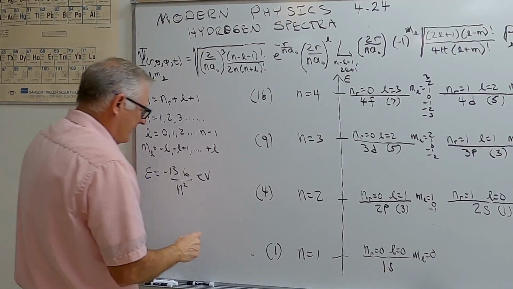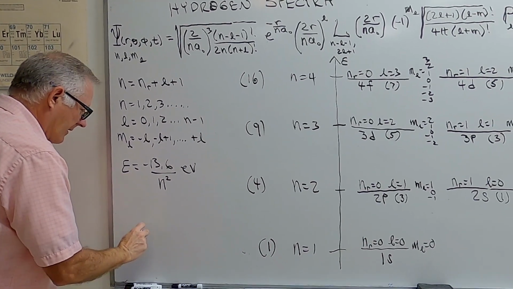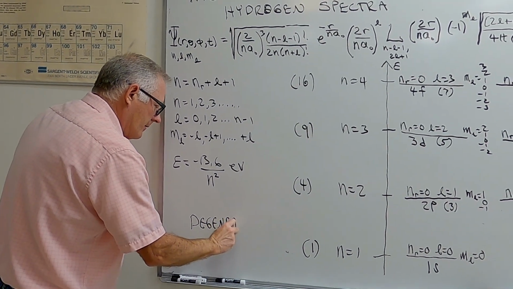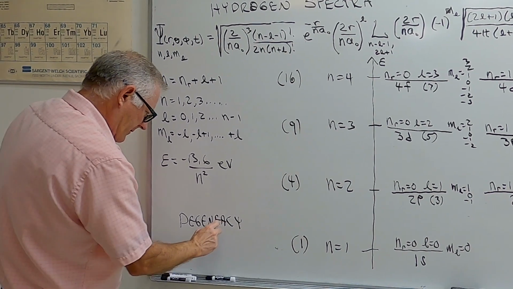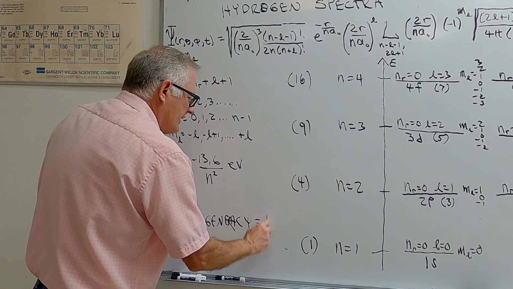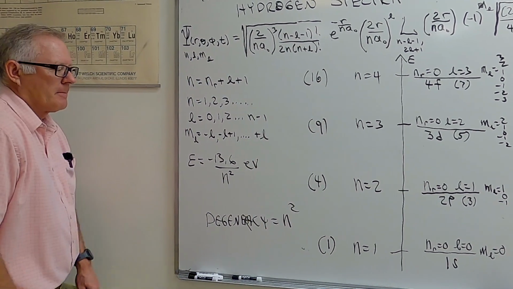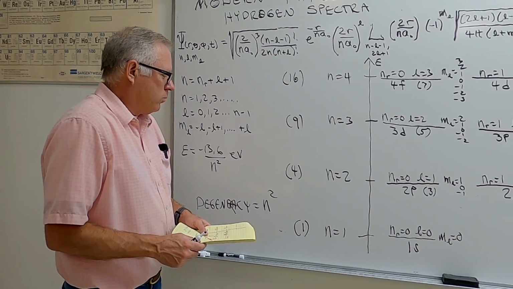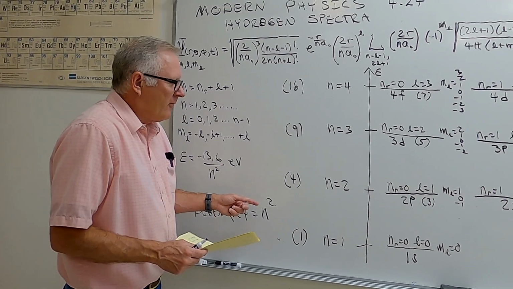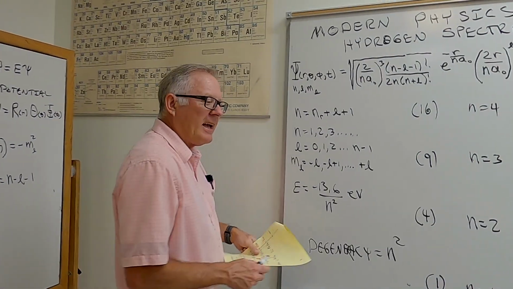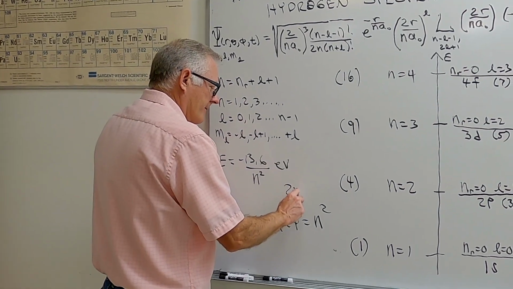So we can say the degeneracy goes as n squared. Well, if you look at the periodic table, it actually goes as 2n squared.